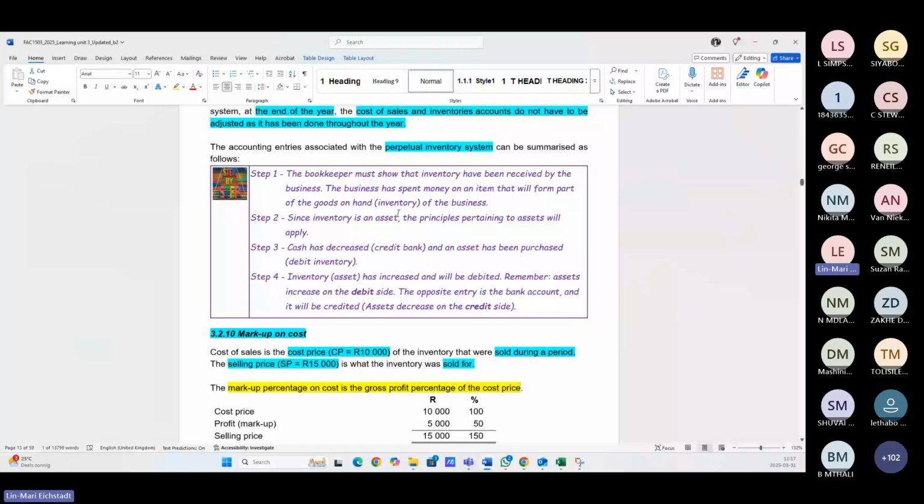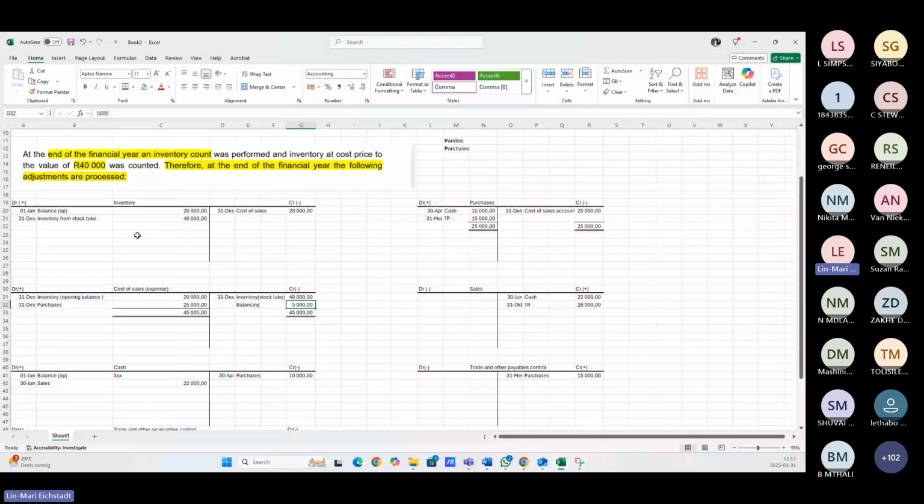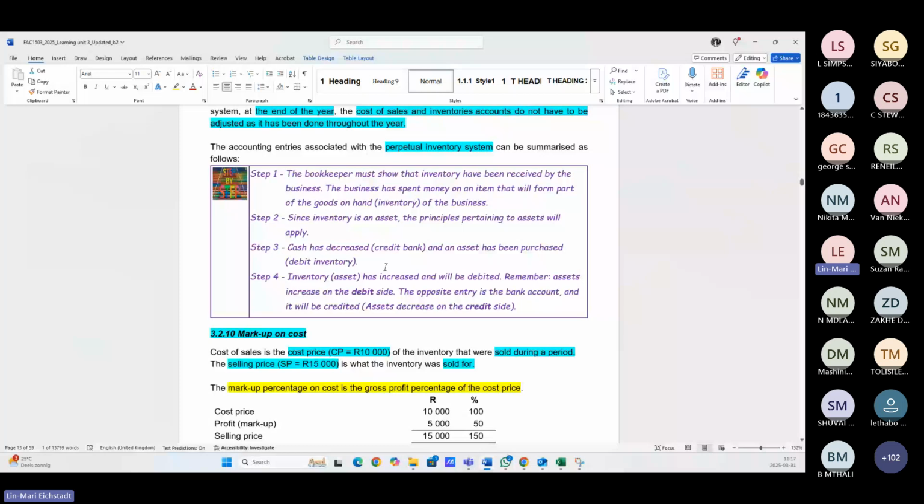Inventory is an asset, so it increases on the debit side and it decreases on the credit side. So whenever you purchase inventory in the perpetual inventory system, you'll be increasing, debiting your inventory account. Cash has decreased when we purchase any inventory, so that will decrease your cash.